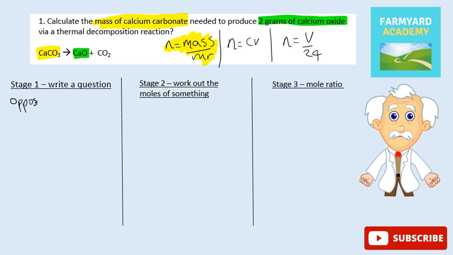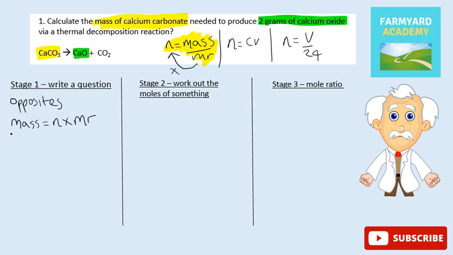Whatever it does on one side of the equation, in order to get it over to the other side, it has to do the opposite. So if Mr is being divided, to get it over to this side you have to multiply it. So that means that mass would equal n times Mr.